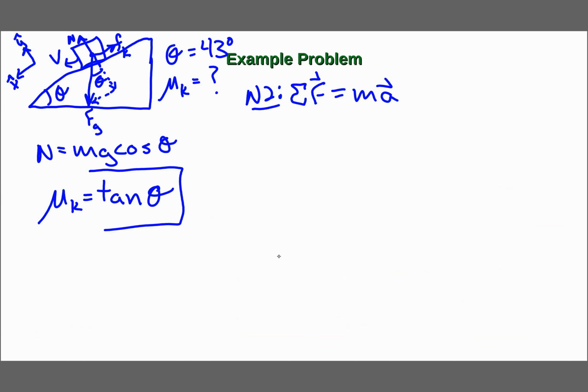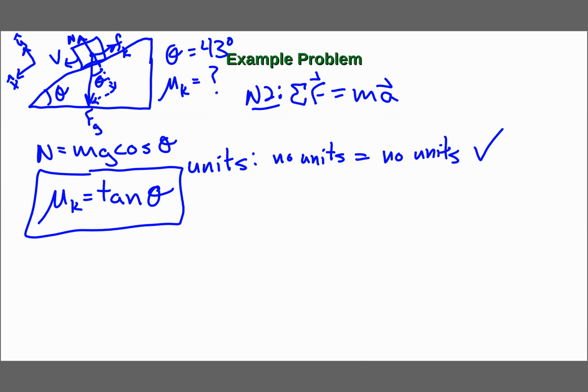So I end up with this really simple answer. So let's check our answer because we like to be thorough. The units, we have a coefficient of kinetic friction which has no units. And that's equal to tangent of some angle which has no units. So the units work out just fine.